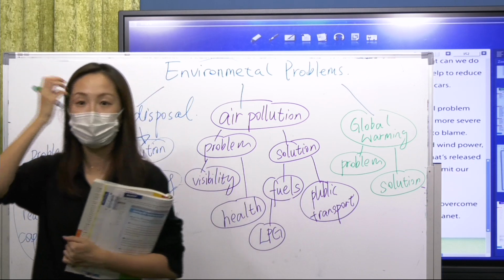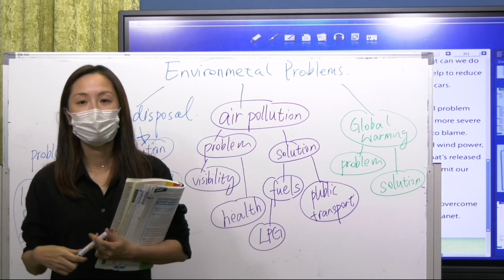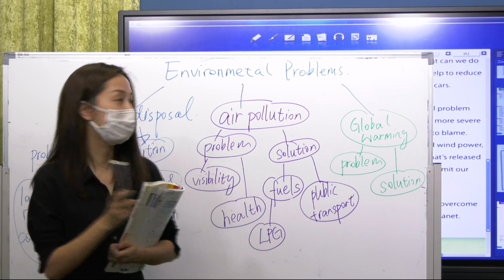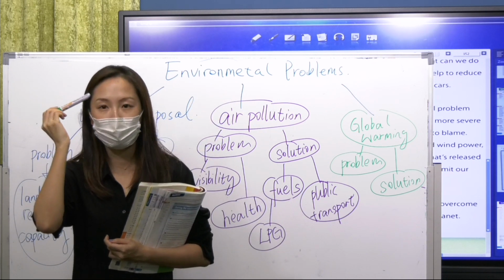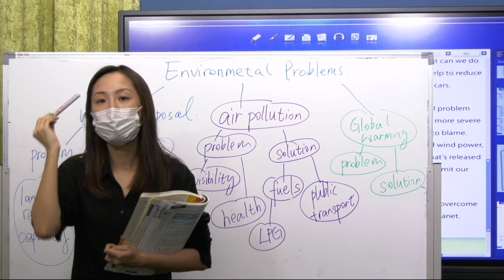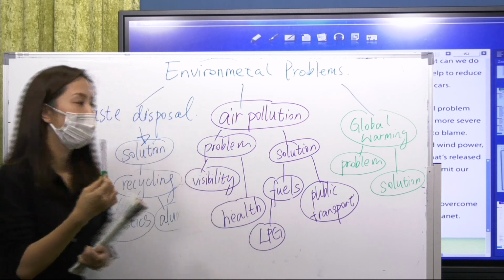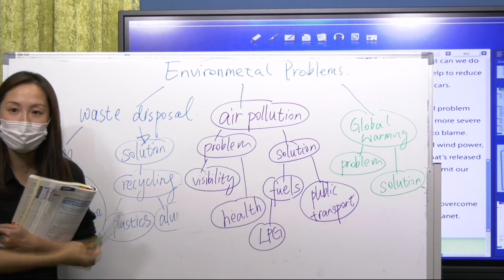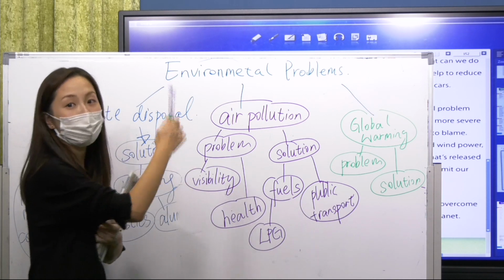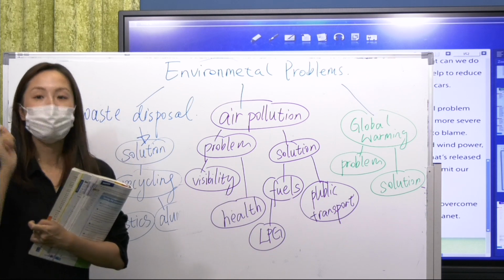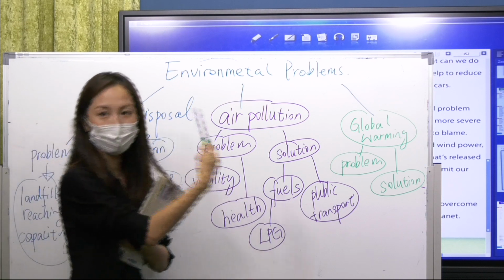Actually, when you are doing your listening or maybe writing tasks, once the topic is related to the environment, then you have to think of, activate all the words related to the environment. If you are used to drawing mind maps like this, when you meet the topic of the environment, you can immediately think of words like waste disposal, air pollution, global warming.